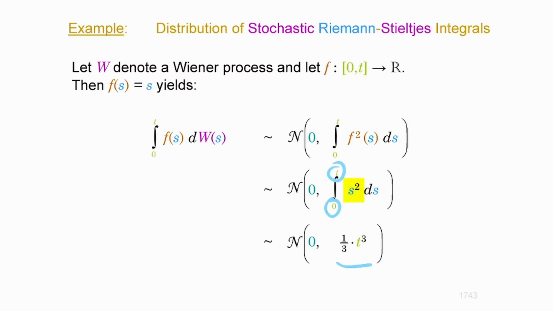And if you put the antiderivative at the upper endpoint, you're going to get 1/3 times t cubed. And at the lower endpoint it is 0 because 1/3 times 0 cubed is 0. So you have the upper endpoint minus the lower endpoint yielding 1/3 times t cubed. And that is going to be the variance, by the way. So you can see this right there. Okay, so that is actually how it works. And that was it, this part.